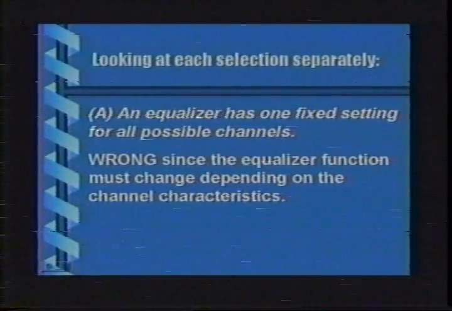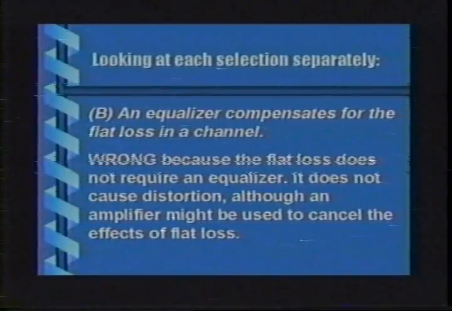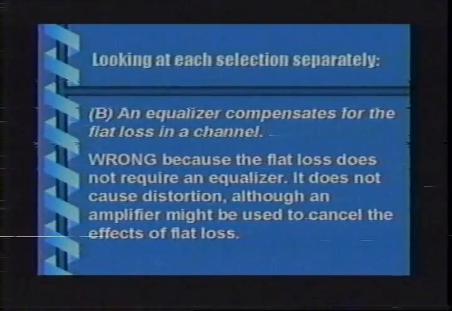Well, the first one says an equalizer has one fixed setting for all possible channels. Well, this is incorrect, since the equalizer function must change depending on the channel characteristics. That's the whole purpose of an equalizer. Second possibility, B. An equalizer compensates for the flat loss in a channel.